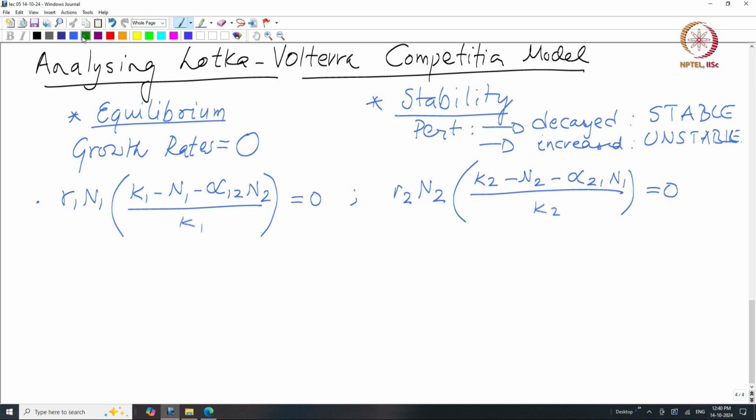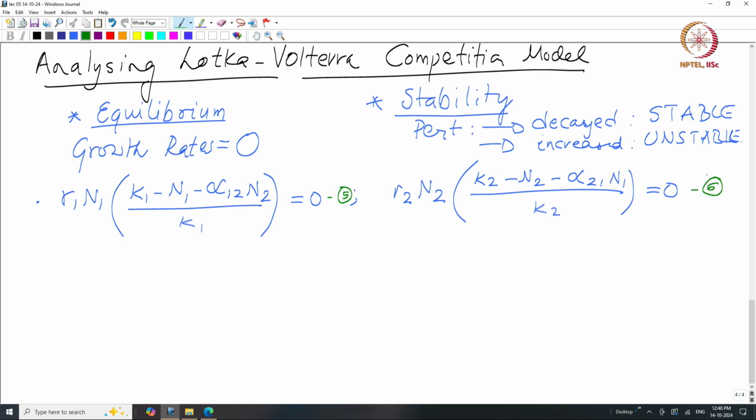Okay. Now, let us identify various terms. We have a product of 2 terms, so let me also label the equations. Let me call this equation 5, and let me call this equation 6.